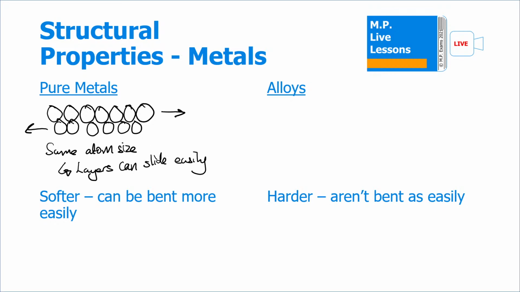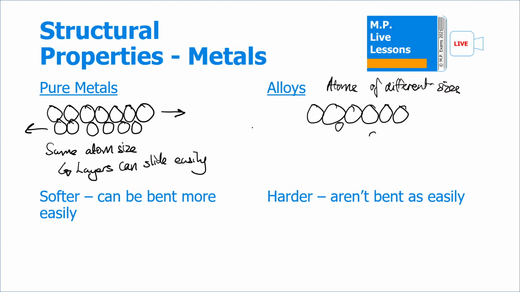Whereas alloys will have atoms of different sizes. For example, with steel, you'll have iron atoms and carbon atoms. So if I draw a few of these ones, now I draw a few small ones dotted around.